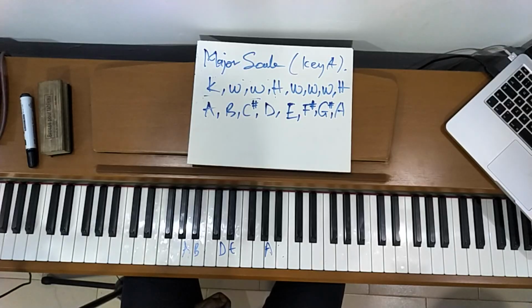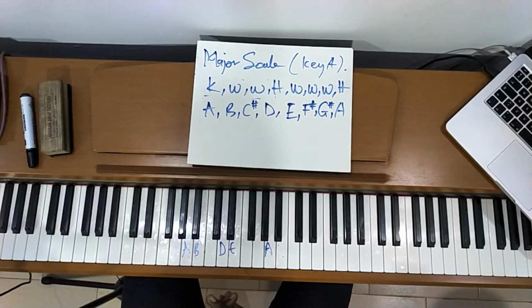So now we know how to generate the major scale in all the 12 keys. So in the key of A again: key, whole step, half, whole step, half. Okay? All right.